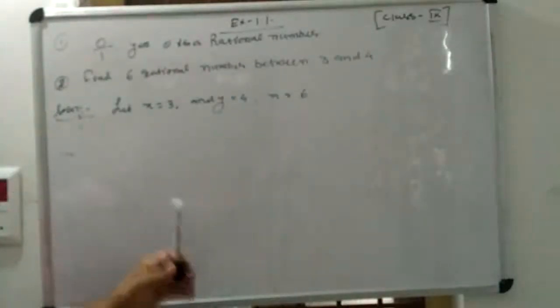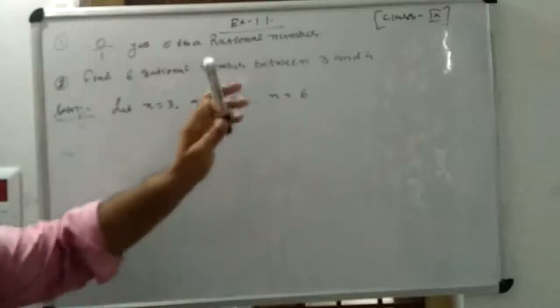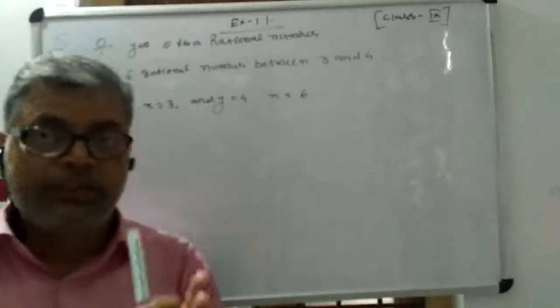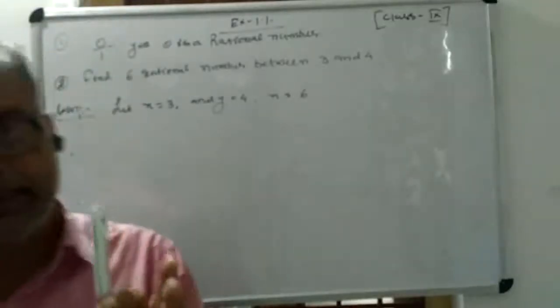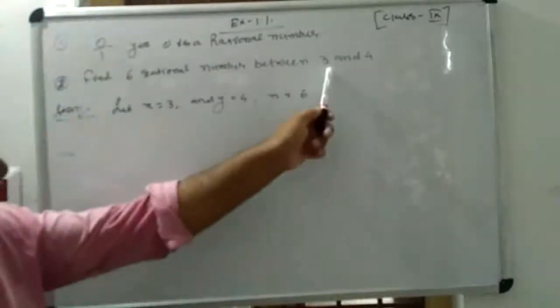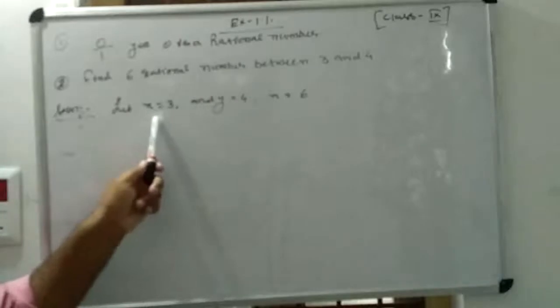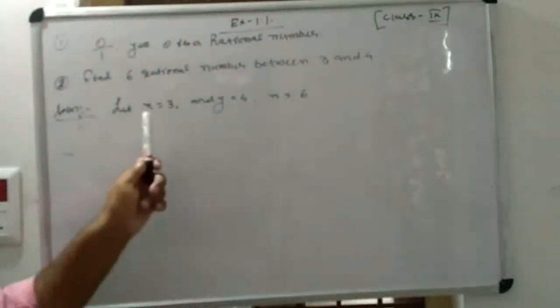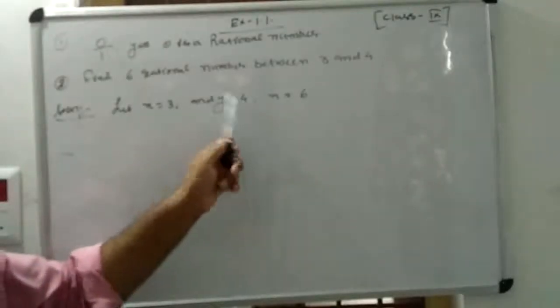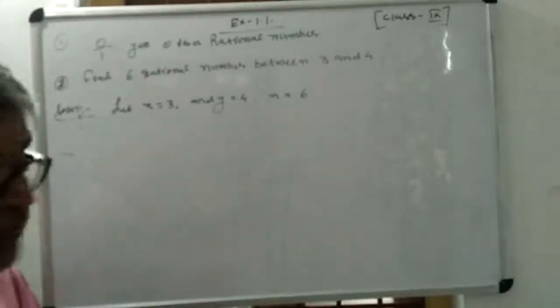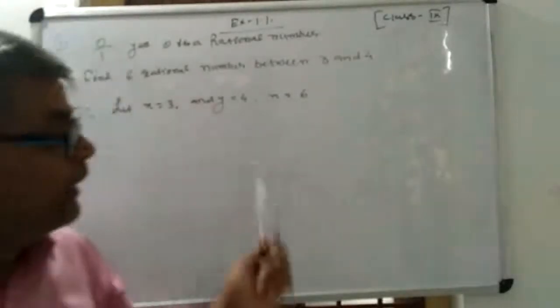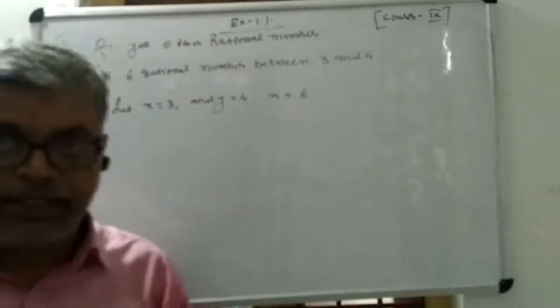What I told you: first you assume the smaller of the two given numbers between which you are supposed to find the rational numbers as x, and the larger number as y. And how many numbers are to be found? That will be the value of n.